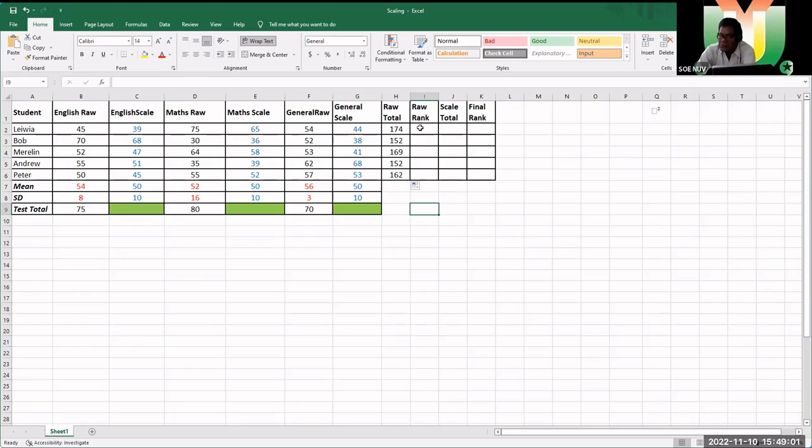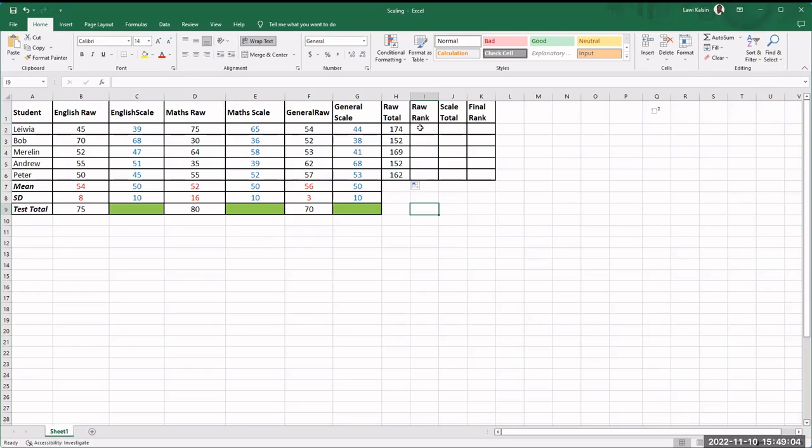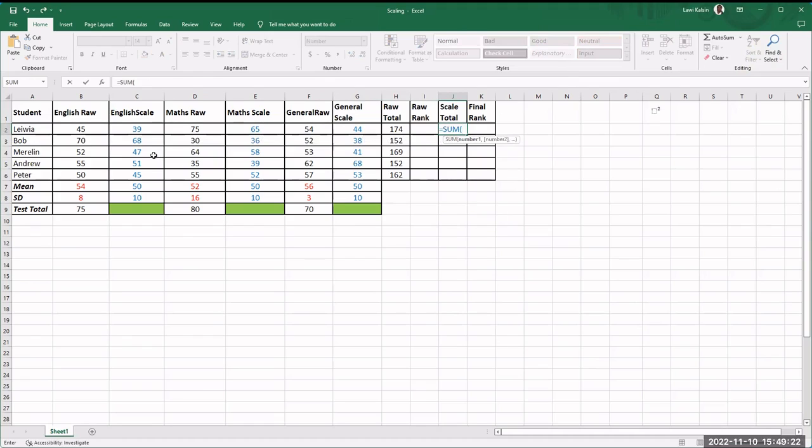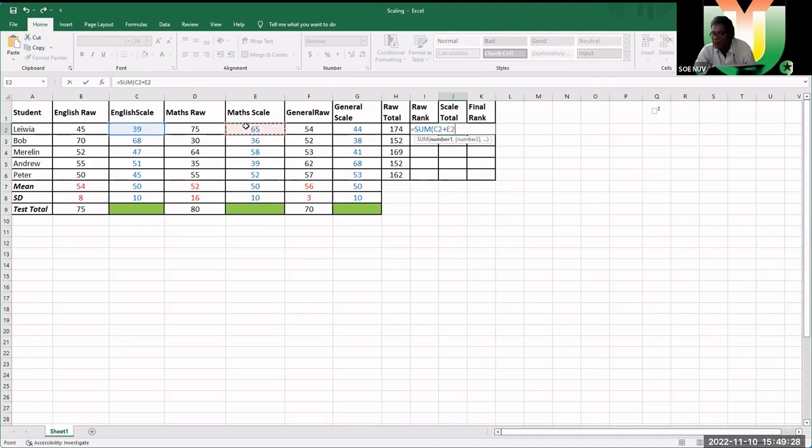Okay, and it's the same for the scale total. Okay, total of the blue scores, which are scale scores, equal sum C2 plus E2 plus G2, and then close bracket, and then it's Enter.